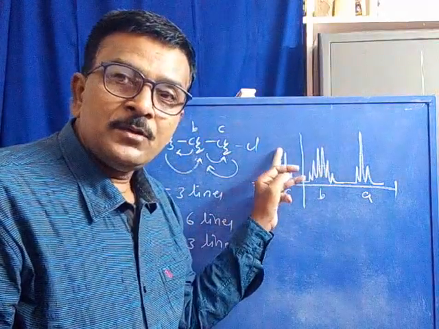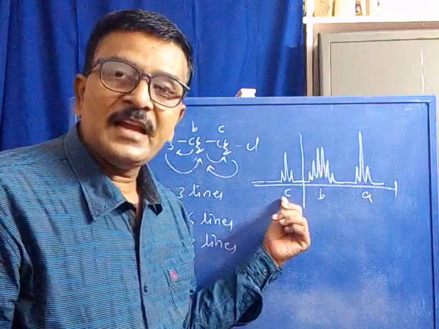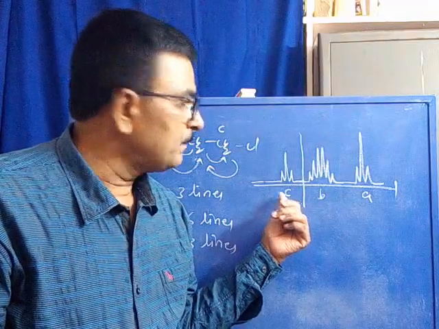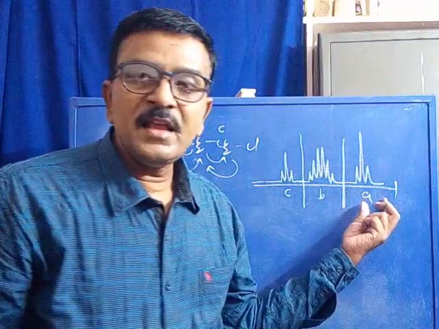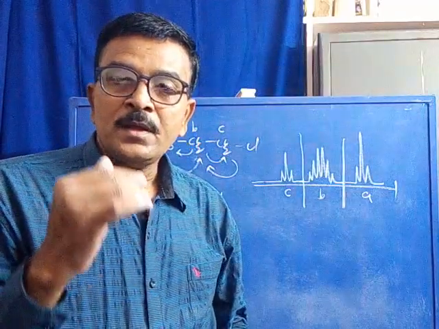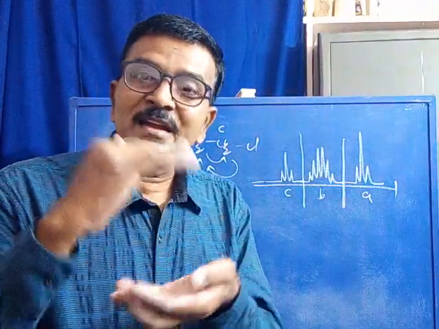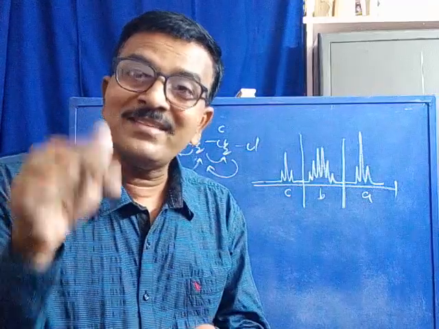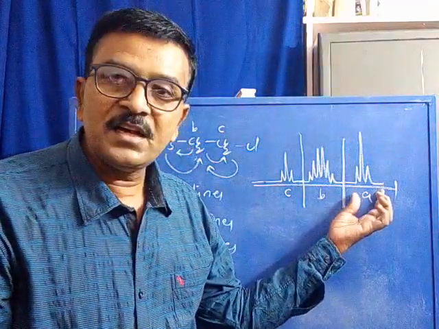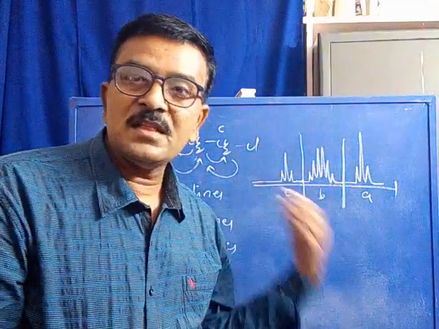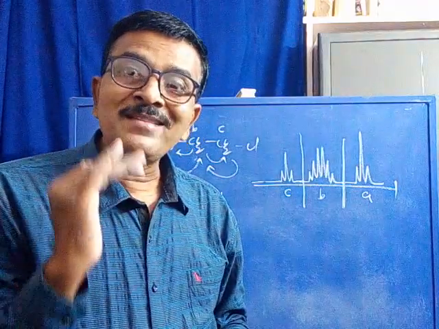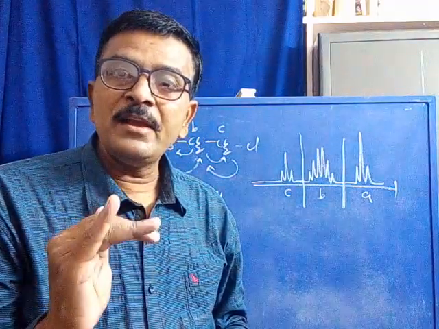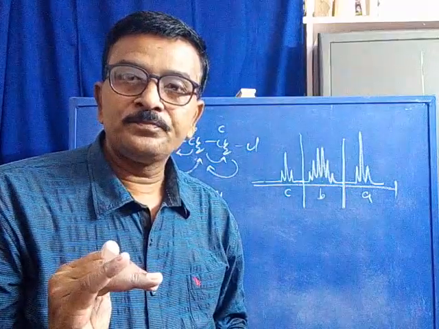Line 1, line 2, line 3. There are 3 lines in the C proton signal, 6 lines in the B proton signal, again 3 lines in the A proton signal. That is the height of every line in one signal. This is one signal, this is one signal, this is another signal. So the height of every line in one signal will be given by Pascal's triangle.